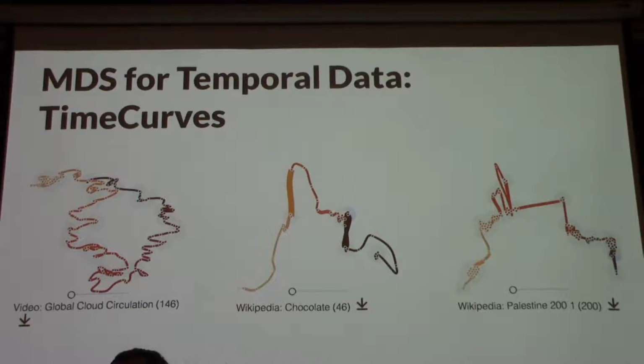So we would have an outlier. So what they do is they take those time points and do a multidimensional projection of the attributes, and then reintroduce the time aspect through drawing a curve through it.